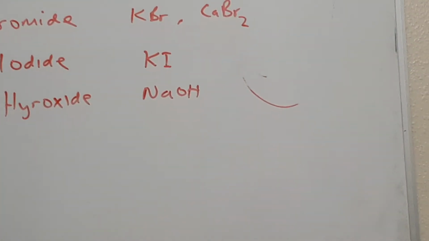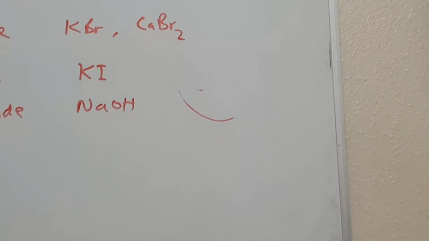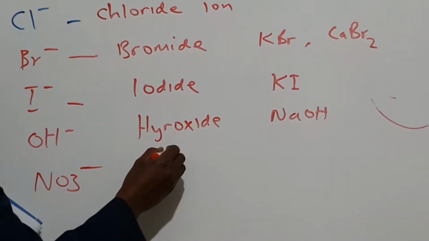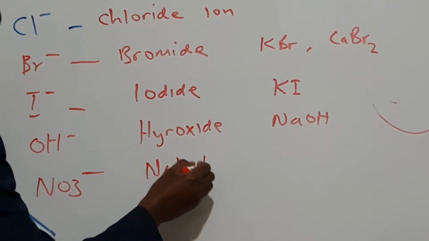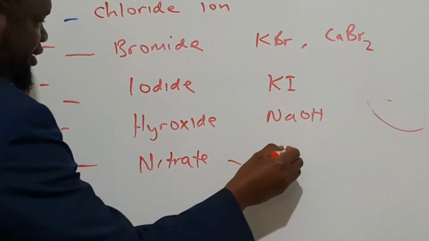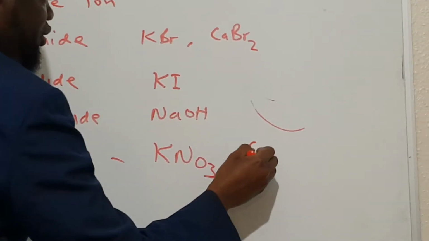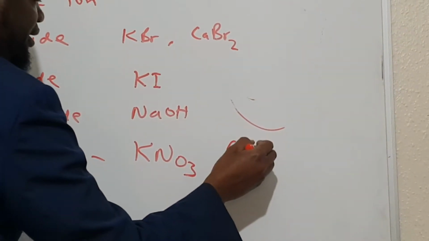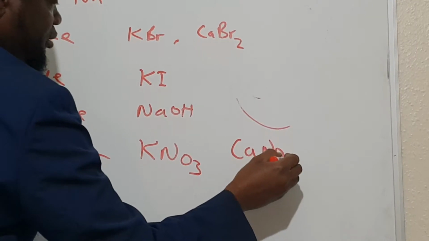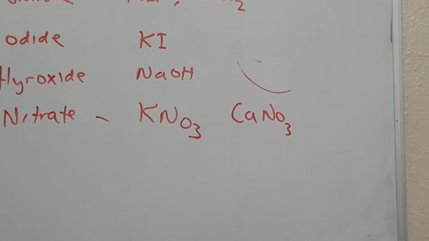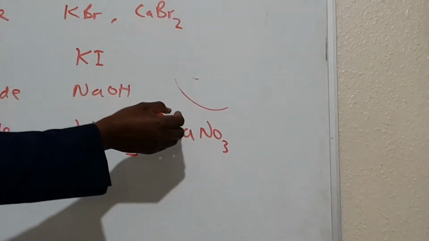Now nitrate is 1 minus. The compounds formed there are called nitrates. An example is potassium nitrate, and you can have calcium nitrate. Calcium is in group 2, so it is what plus? 2 plus.